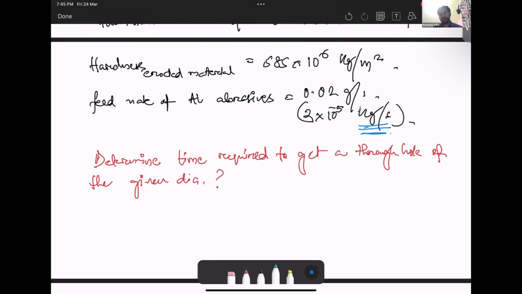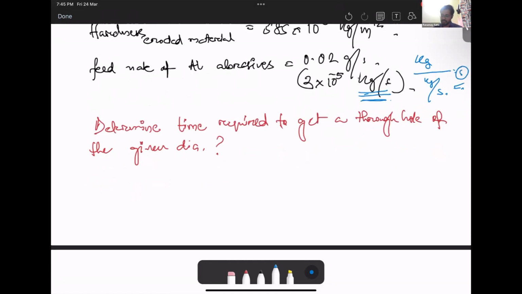Now, if you divide your mass loss, in kg, by the feed rate, in kg per second, you get seconds. So you have to find the mass loss, right?